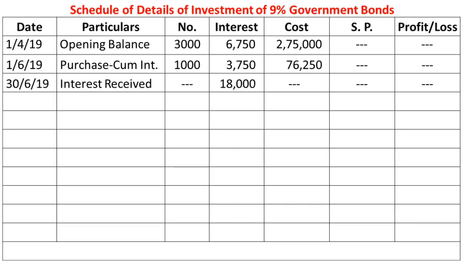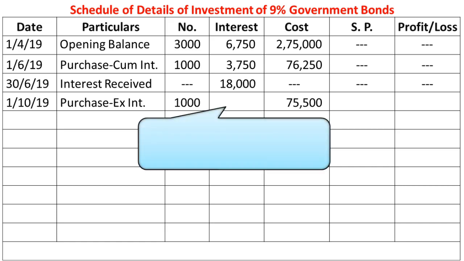We'll put up the date 1st October 2019. It is purchased at ex interest price. How many government bonds have we purchased? 1,000. Now here we need to calculate the amount of cost, but in this case it is readily available because it is ex interest price: 75,500.